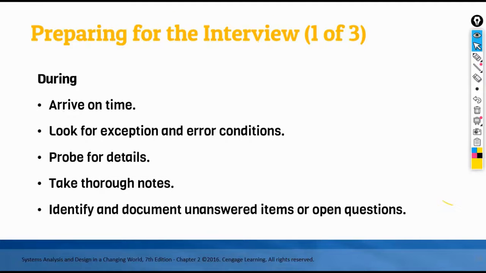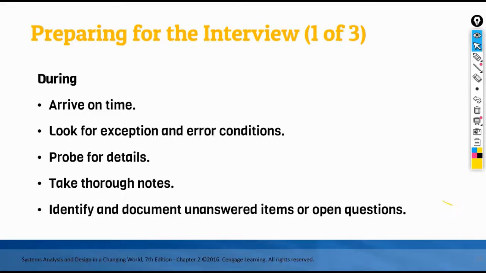During the interview, new systems analysts are usually quite nervous about conducting interviews. However, in most cases, the users are excited about getting a better system to help them do their jobs.